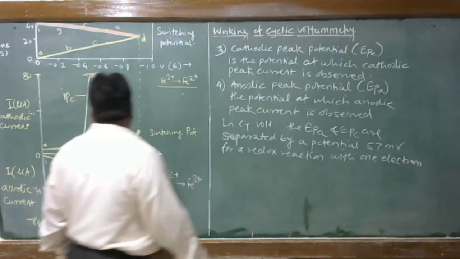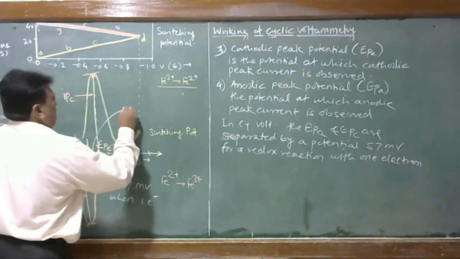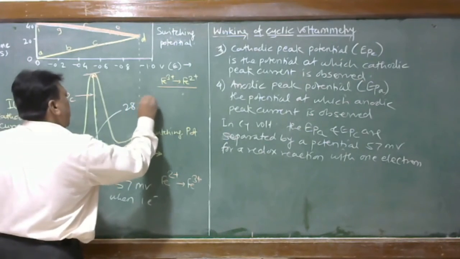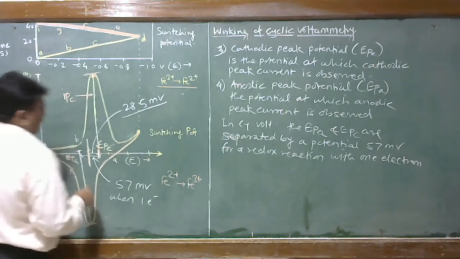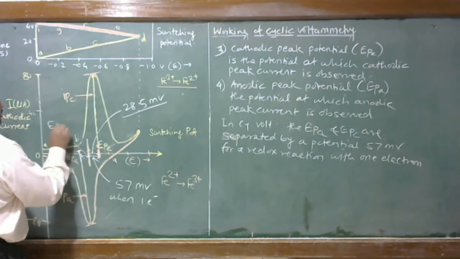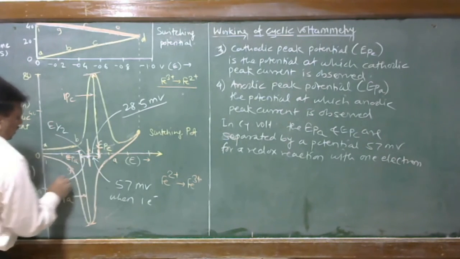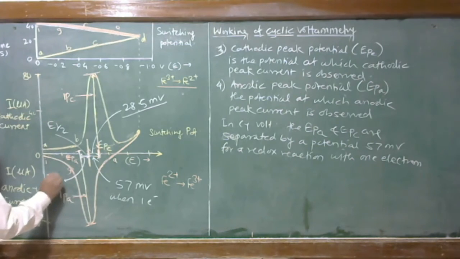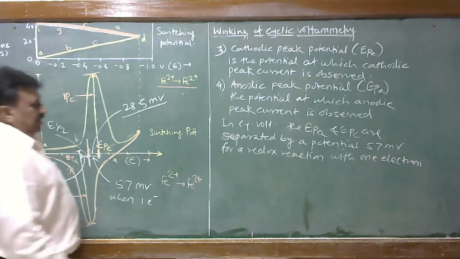That means this peak will be observed 28.5 millivolt beyond the half wave potential, E1/2, and this peak is 28.5 millivolt before the half wave potential.